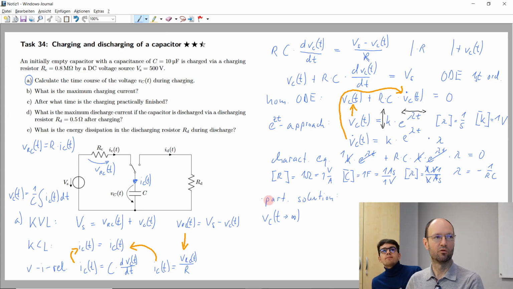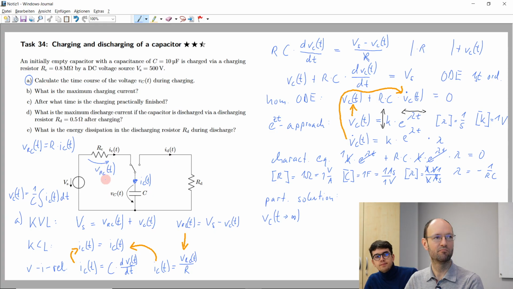And so we can do this by looking at the circuit, or we can also do this by looking at this equation. So maybe let's look at the circuit first, and we can have a second look at this equation.